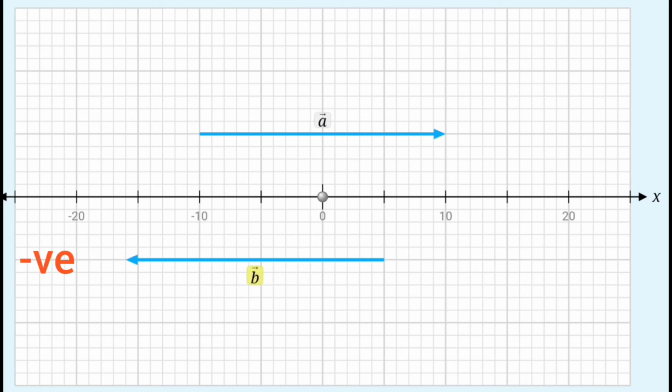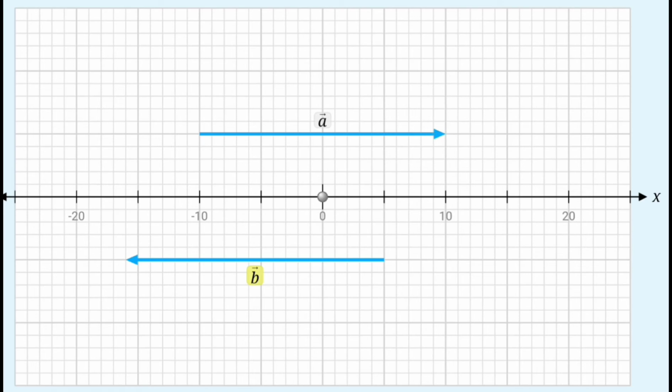Notice when we graph vectors like this, we can see that the vector has two parts. A tail, this long straight line, and then a head, the arrowhead. So the arrowhead is what tells me the direction of the vector, and the tail tells me how big the vector is.